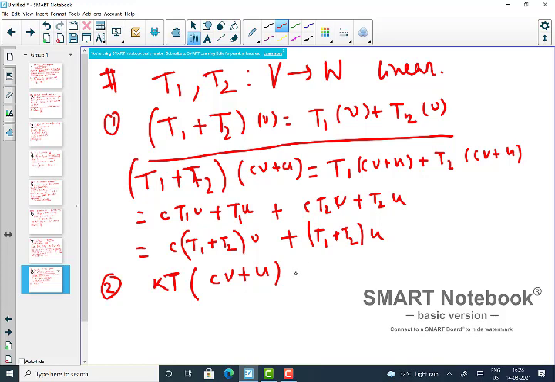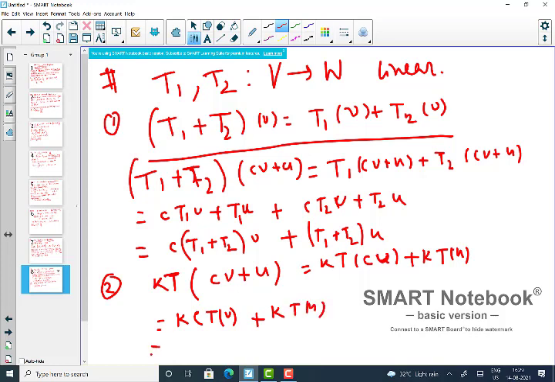The answer is yes, obviously, because you can write kT(cv) plus kT(u), and that is nothing but kcT(v) plus kT(u), and this you can write as c times kT(v) plus kT(u).